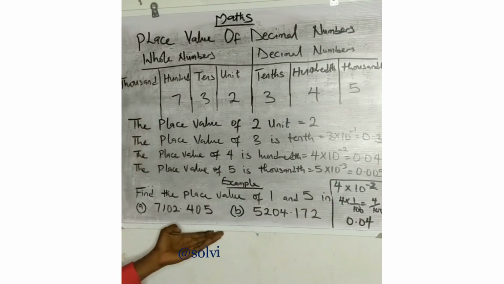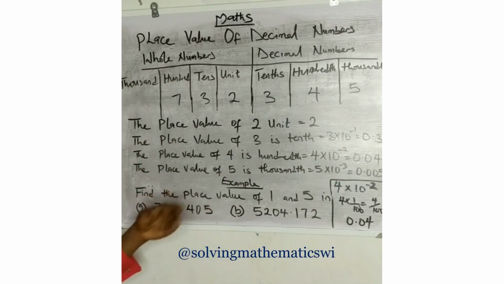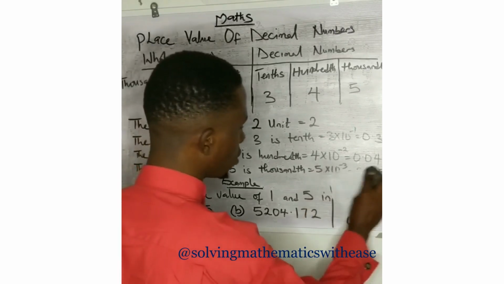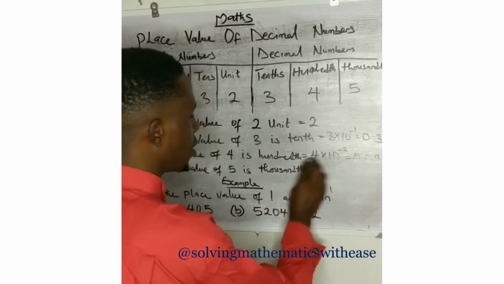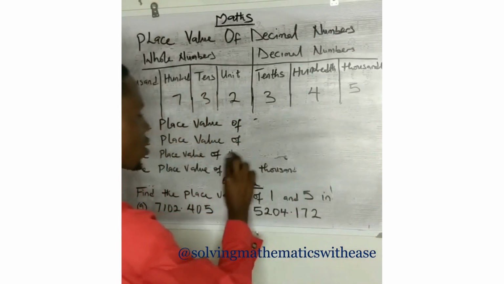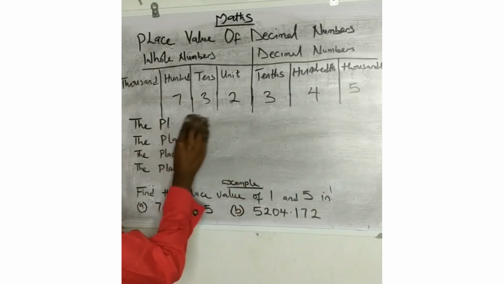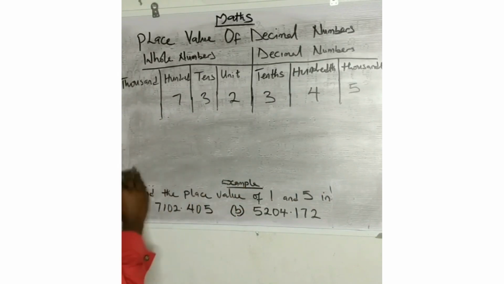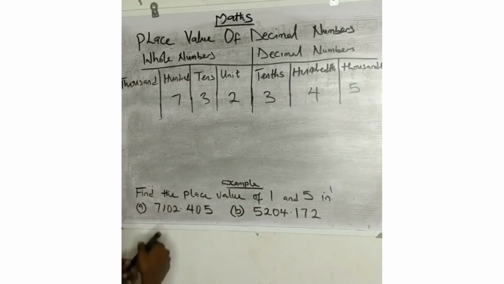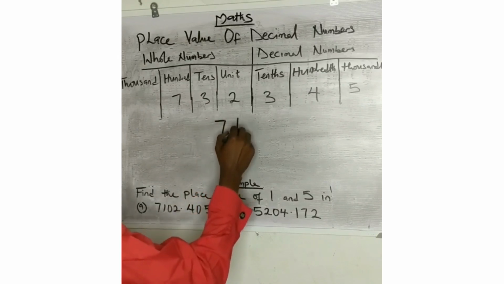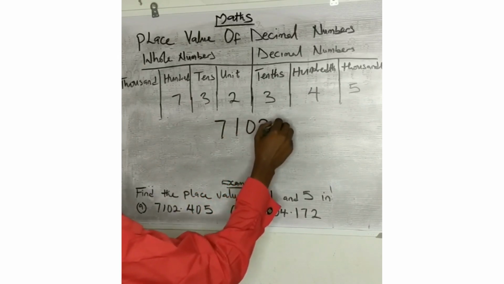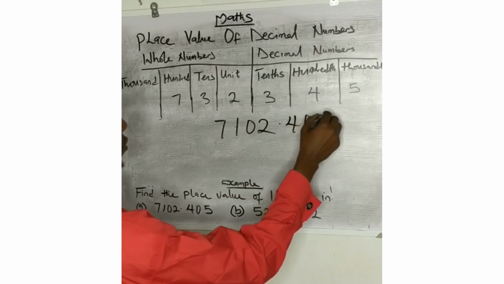Now let's go down to the question. It said, find the place value of 1 and 5 in the numbers A and B. Let me erase the board so that we'll have some space. Now, for A, we have 7102.405.